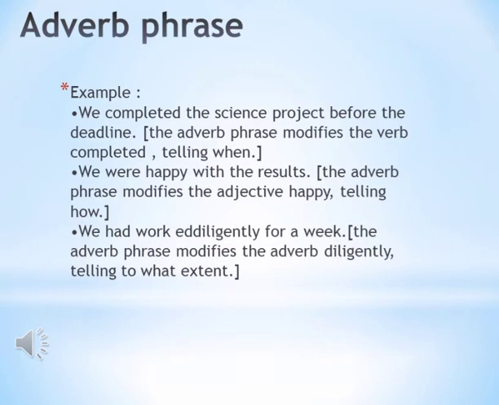An adverb phrase tells how, when, where, why, or to what extent, how long, how many, how much, or how far. For example, we complete the science project before the deadline. The adverb phrase modifies the verb complete, telling when.